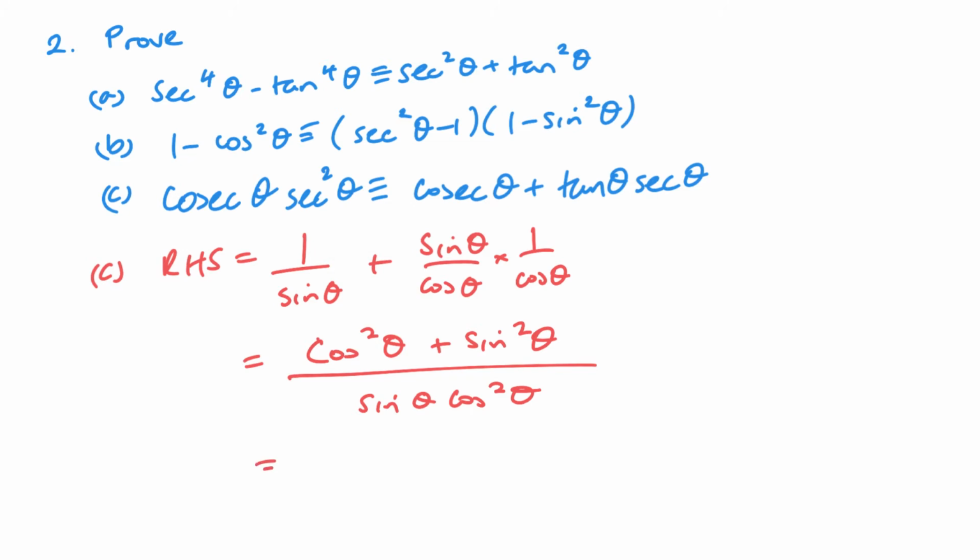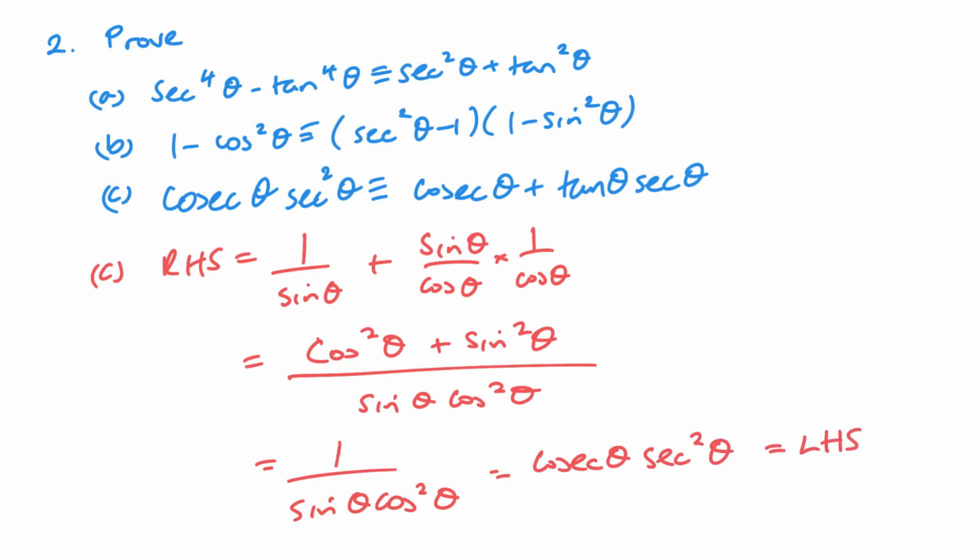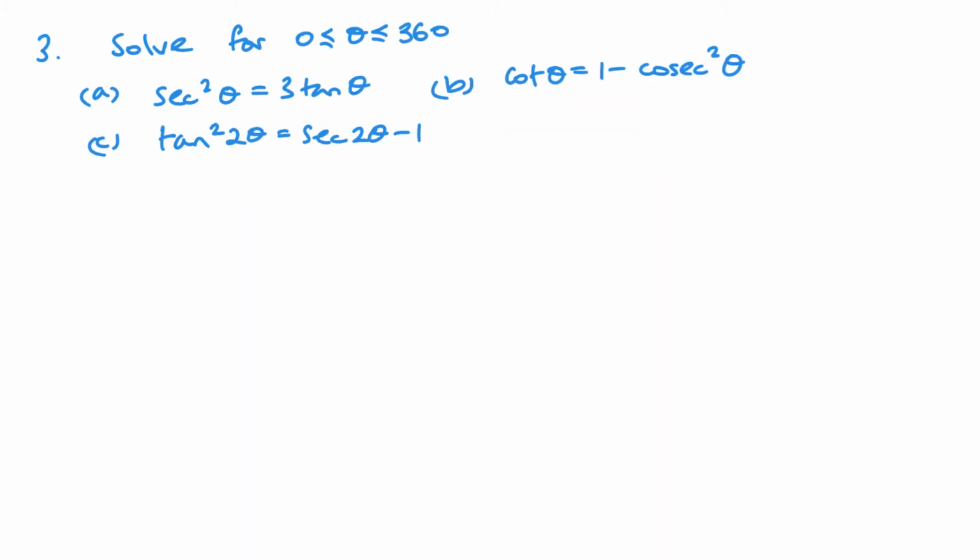At the top, cos squared plus sine squared is 1. And there we have 1 over sine theta is cosec theta, and 1 over cos squared theta is sec squared theta. So there we have it, equal to the left hand side. I do normally just prefer to keep going down in one line, but just for room, I've gone there.